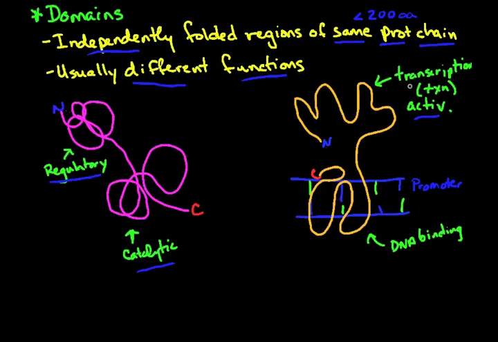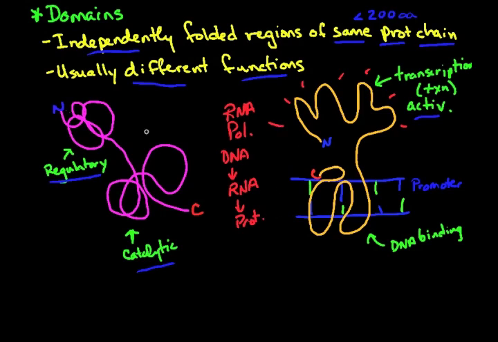And then the other domain serves as a beacon, and its job would be to call and tell RNA polymerase, which is an enzyme that actually transcribes DNA into RNA. It would serve as a beacon to it to come and make a transcript of this gene and to go ahead and make the protein. Okay?